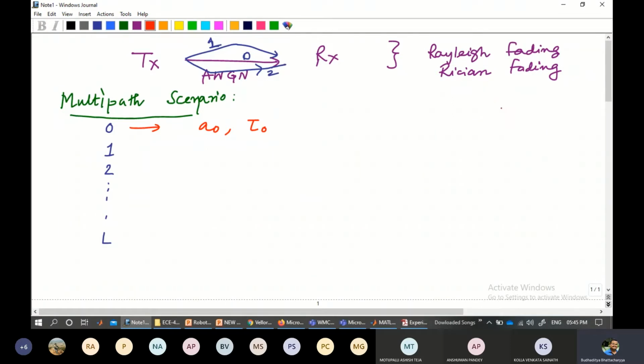So this A0, or Ai in general, is the amplitude factor, and tau i is the delay factor. In fact there is another one, the phase factor, so these are the three factors that govern the multipath. When there are multipaths, the signal amplitude will deteriorate.